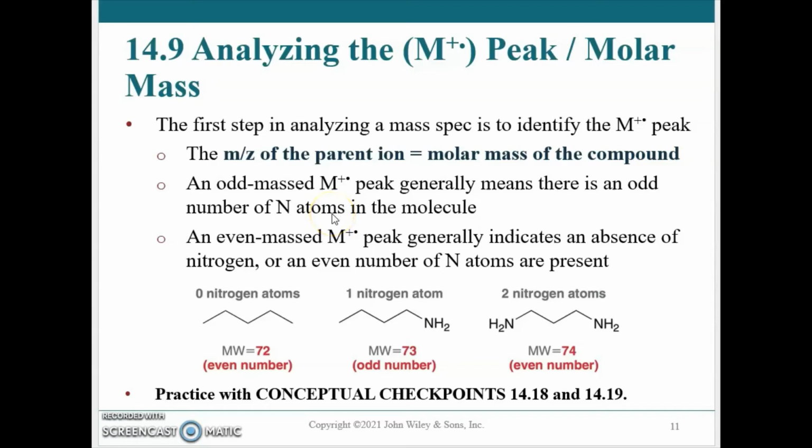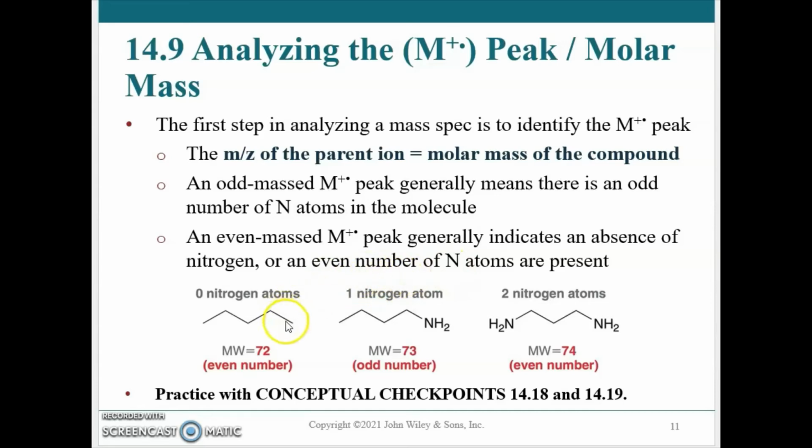And if we have an even massed molecular ion peak, it either means there's no nitrogen or the number of nitrogens is even.